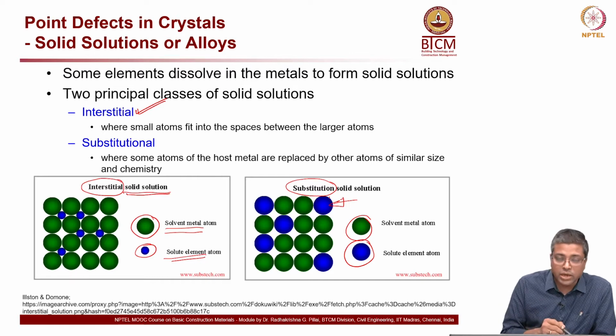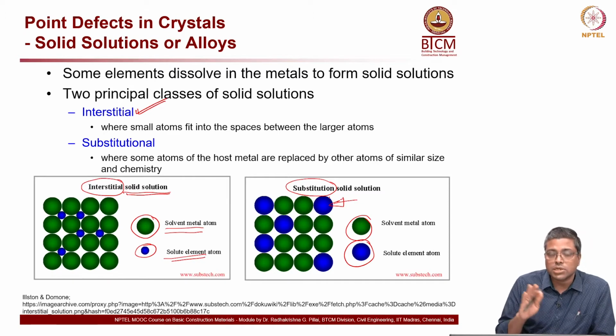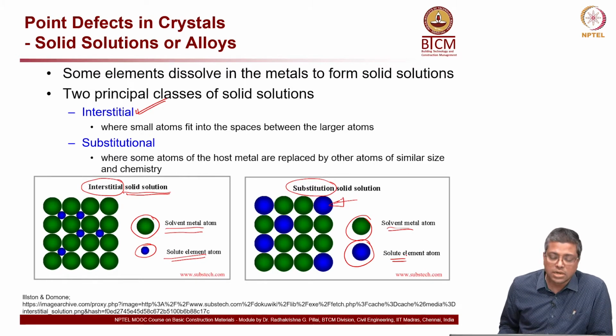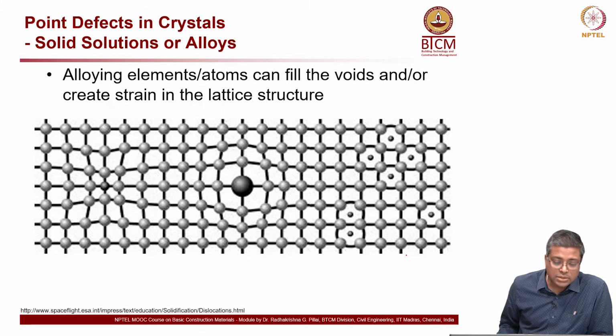It is not going and occupying the space in between like in the first case, but in the substitution case it is substituting or replacing an existing green atom, the solvent metal you can see here, okay. So, this explains the difference between interstitial and substitution type solid solutions, and this is heavily used for making alloys, okay.